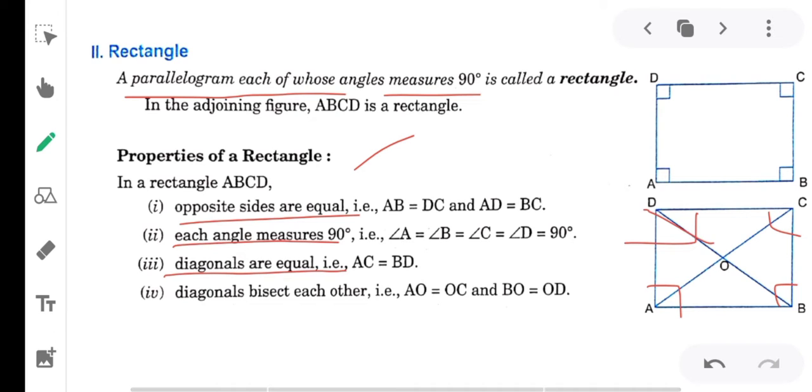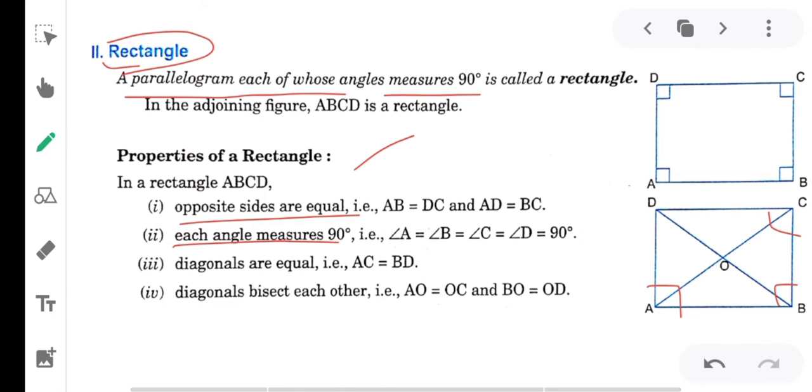That means AC equals BD, and diagonals bisect each other. Obviously, because a rectangle is a parallelogram, that's why opposite sides are equal and parallel, and diagonals bisect each other. Clear?